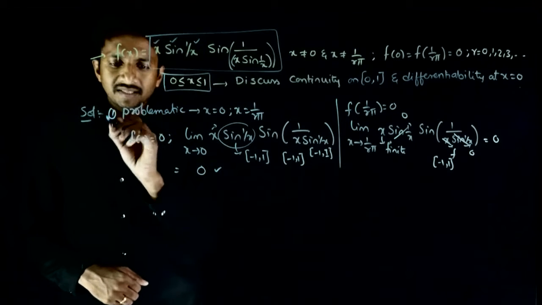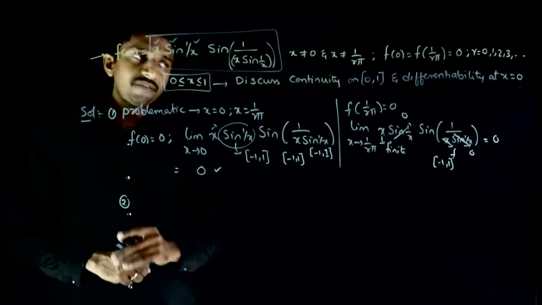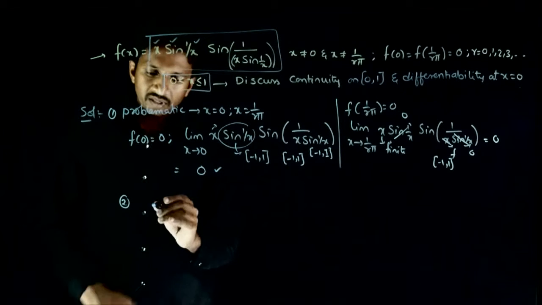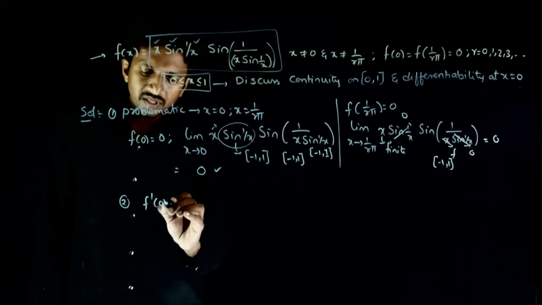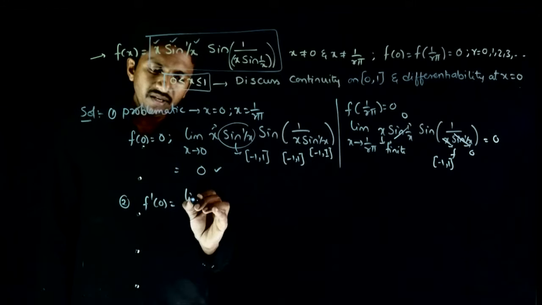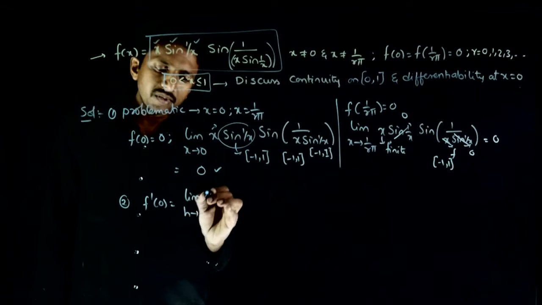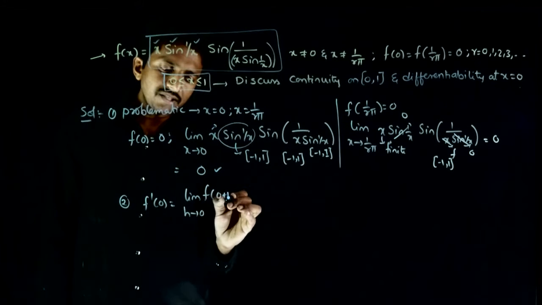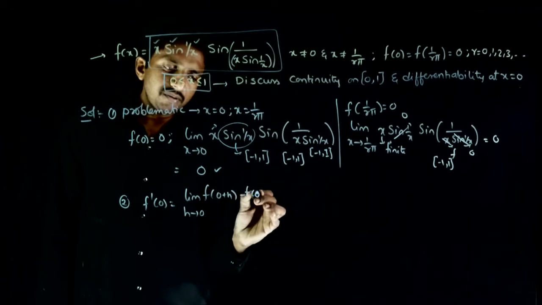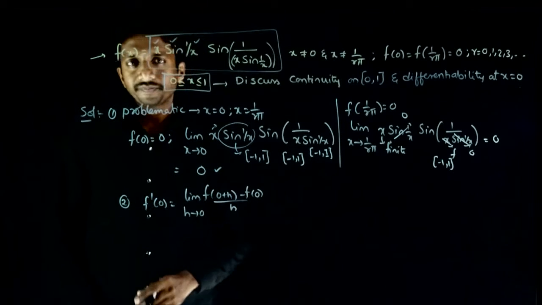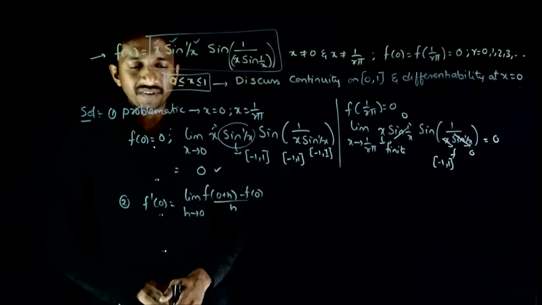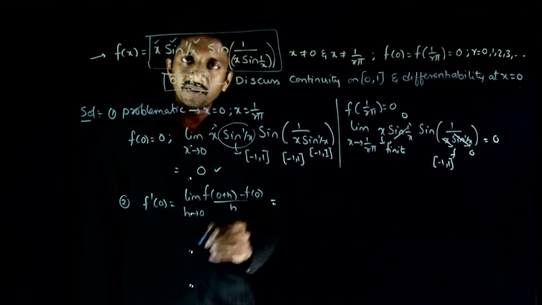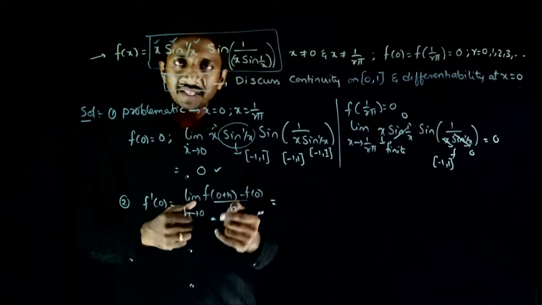After this, let us discuss the differentiability at x equal to 0. So what is f dash of 0? f dash of 0 is equal to limit h tends to 0 of f of 0 plus h minus f of 0 by h. This is the definition of differentiation. f of 0 plus h is f of h.